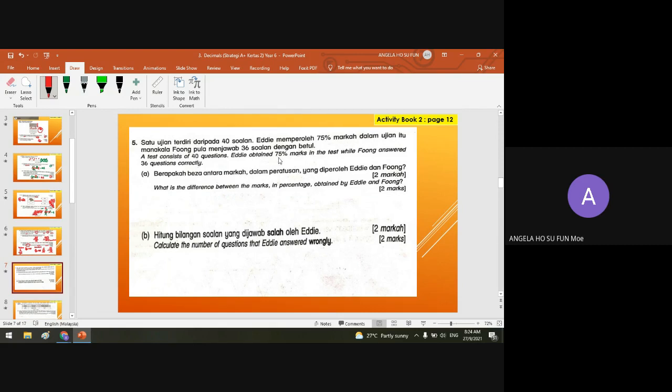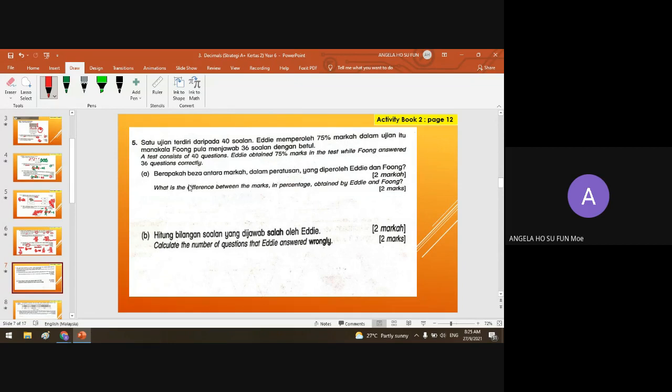Out of 100, AD obtained 75 marks. And Fong, they don't tell you how many percent, but they said Fong answered 36 questions correctly out of 40. That means if you minus 40 minus 36, 4 questions he did wrong.